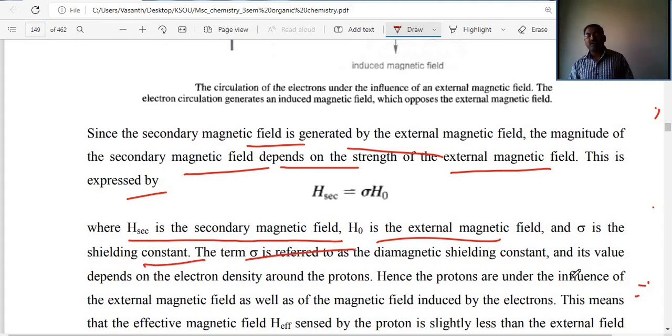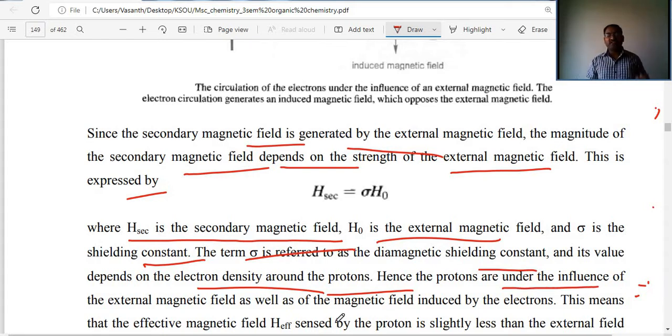The term sigma is referred to as the diamagnetic shielding constant, and its value depends on the electron density around the protons. Hence, the protons are under the influence of the external magnetic field as well as of the magnetic field induced by electrons.